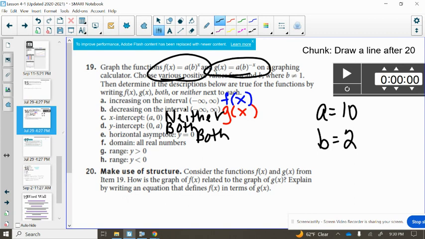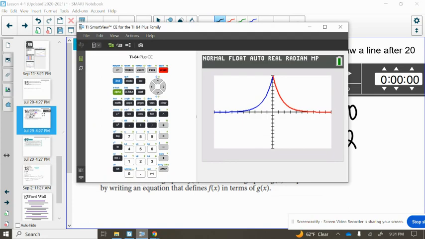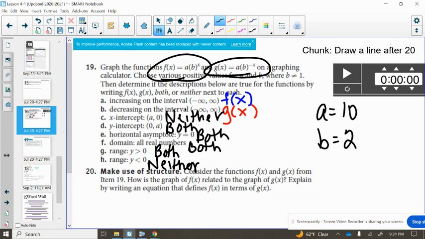And both of them have a domain of all real numbers. There are no official breaks in the graph. From negative infinity to positive infinity, they're either getting really close to 0 or going towards positive infinity. Both of them only have y values above y equals 0. Neither of them is going to dip below y equals 0 on this graph.